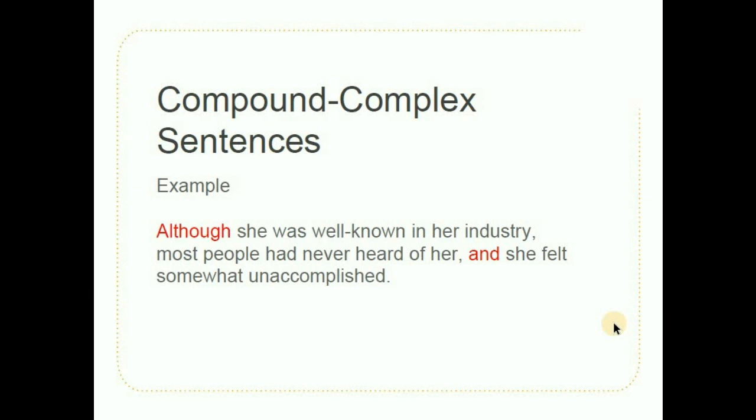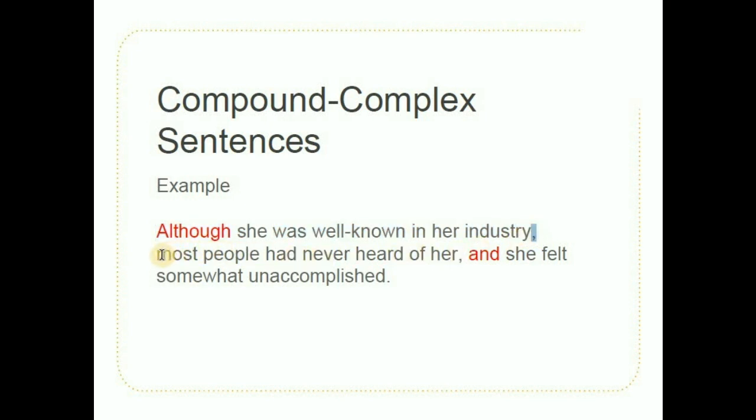So here I have highlighted in red our subordinators and our coordinating conjunctions. In this case, we have the subordinator although. This tells us that the first sentence here is a dependent clause. As the dependent clause comes first, we follow with a comma.